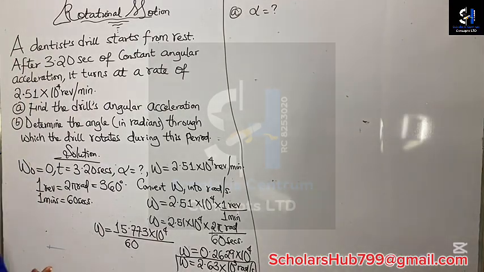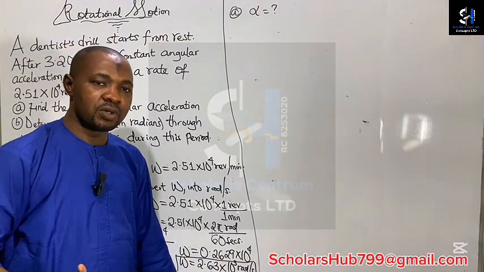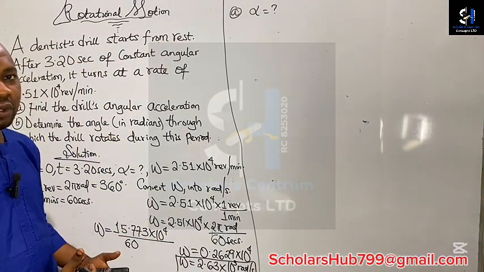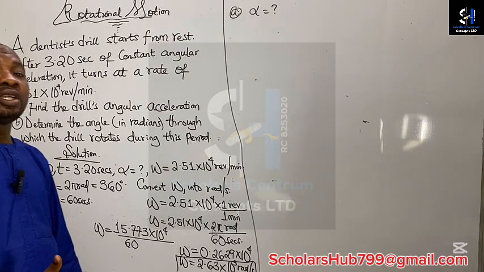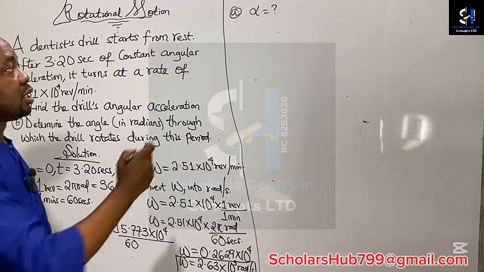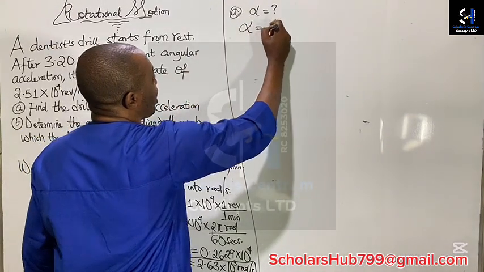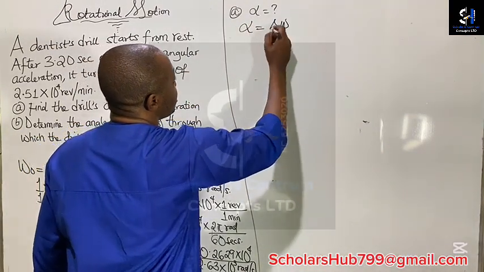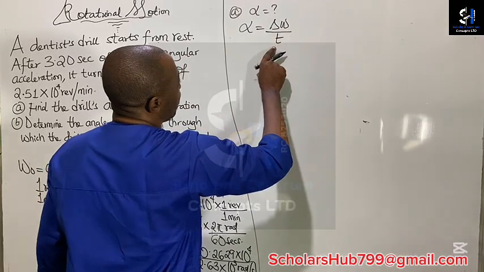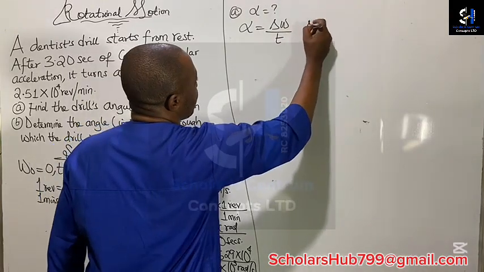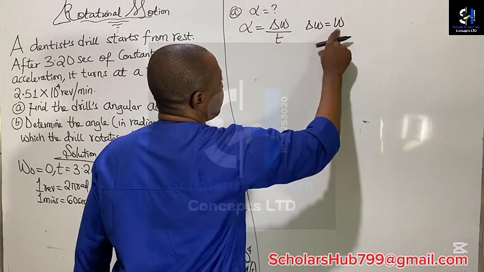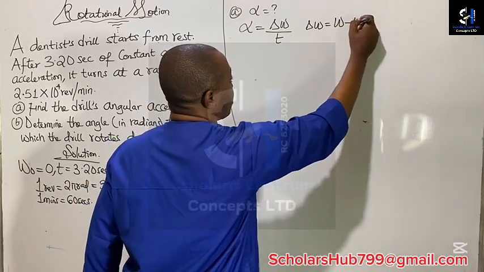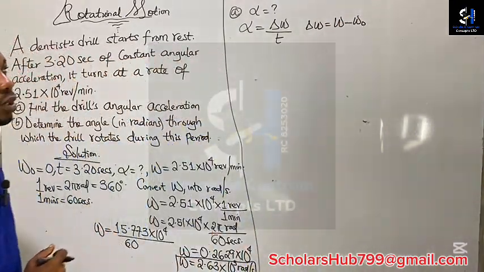Now we know that angular acceleration measures change in angular velocity with respect to time, or the rate of change of angular velocity. So angular acceleration is change in angular speed over time. And change in W, the angular speed, is the final angular speed minus the initial angular speed.